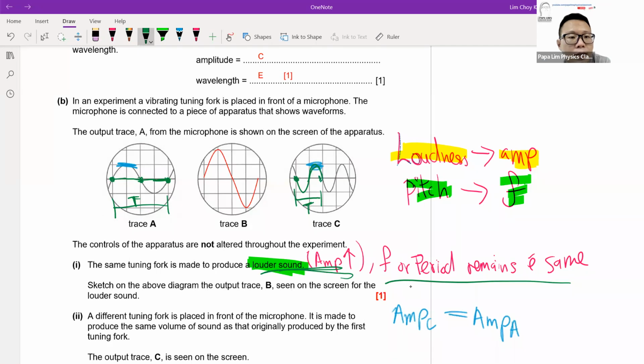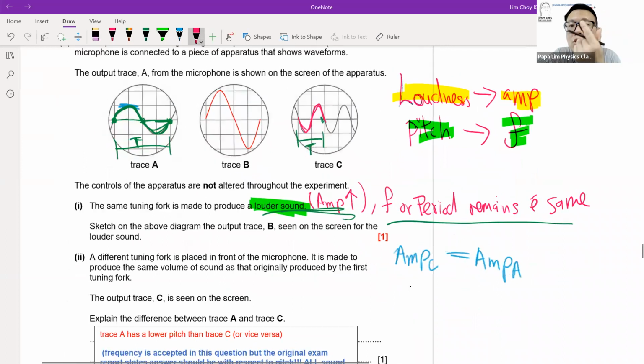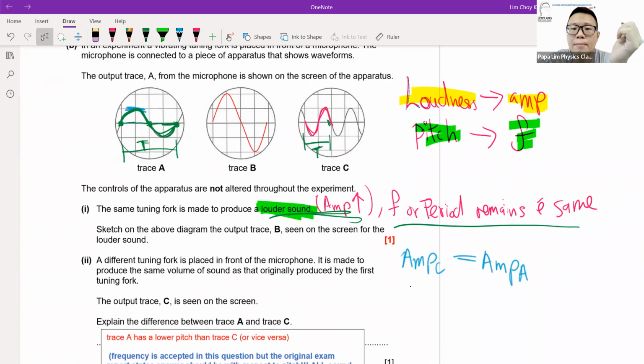For trace A, one cycle of the wave looks like this. For trace C, one cycle looks like this. So one cycle for trace C takes a shorter time compared to trace A. No matter how you look at it, trace C is shorter than trace A. So the frequency of C and the frequency of A will definitely be different because the period is different.